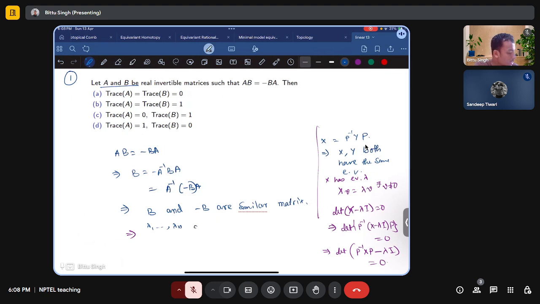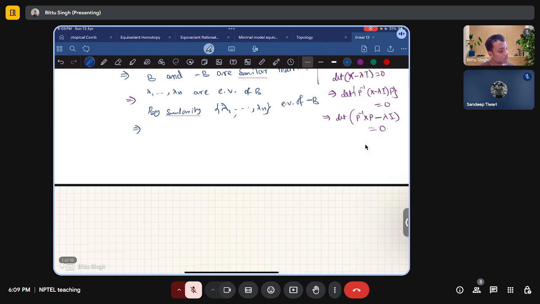Then by similarity, lambda 1 up to lambda n are also eigenvalues of minus B, because minus B and B are similar.